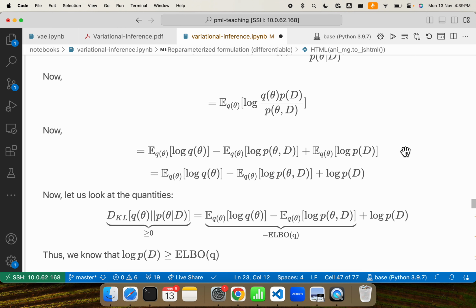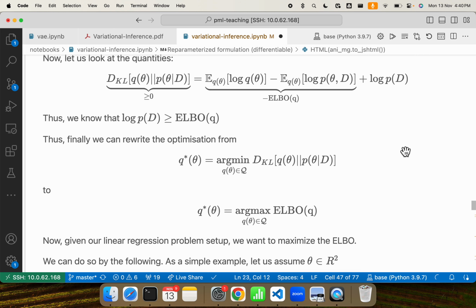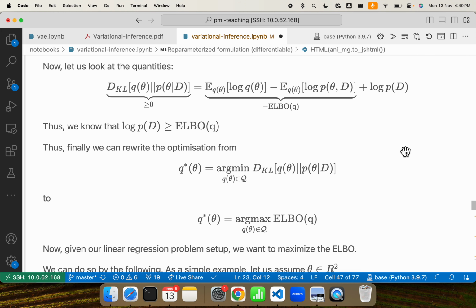So we wanted to minimize the KL divergence, which is equivalent to minimizing the negative ELBO, right? So that becomes a new objective. Even though we don't know this quantity P of D, we know everything else in the ELBO definition, right? So minimizing KL divergence is equivalent to minimizing the negative ELBO or maximizing the ELBO.